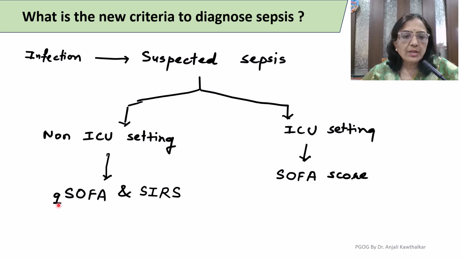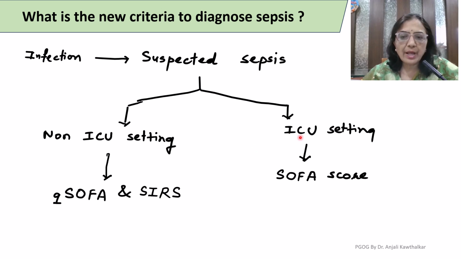Q is for quick, it is bedside, so there is no need to go for any elaborate laboratory investigations, and that is why it is called the quick sequential organ failure assessment criteria, Q-SOFA. And we should also be using SIRS as per the American guideline till we get better criteria to diagnose sepsis, that is the systemic inflammatory response syndrome criteria, which we have already seen in the previous slide.